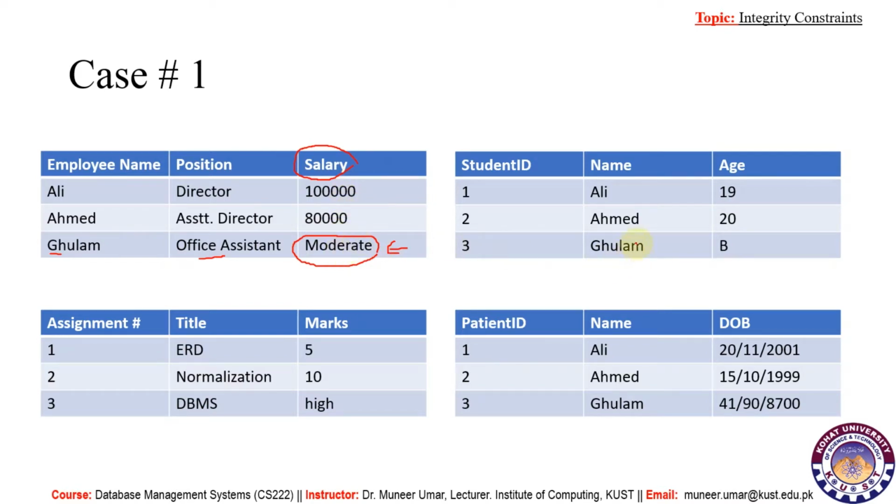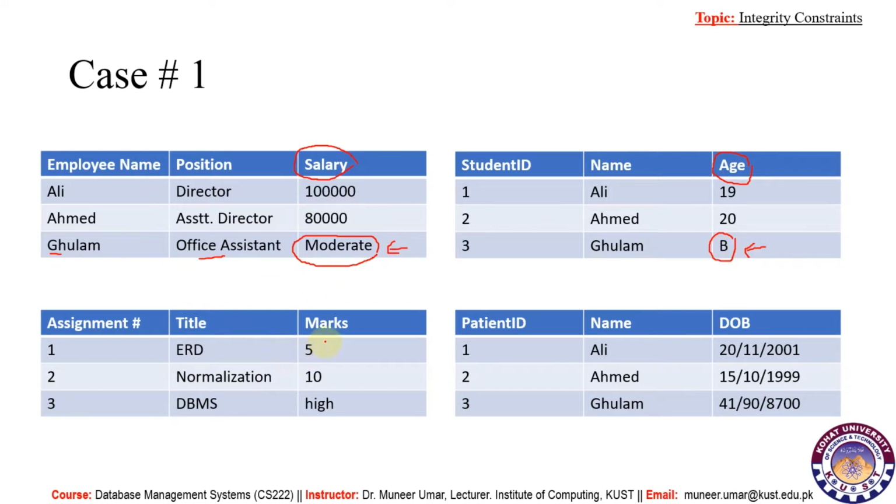Then if we look into another table, here we have age. For age, again we need a numeric value, and if you look into the third entry, this age is not clear. This might be a mistake. So here the age must be a numeric value, so this is again an error.